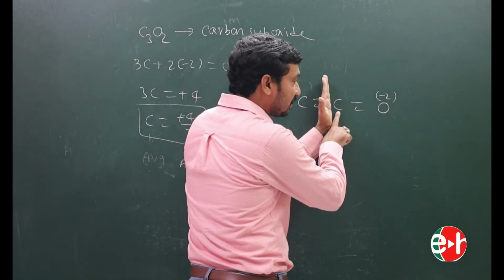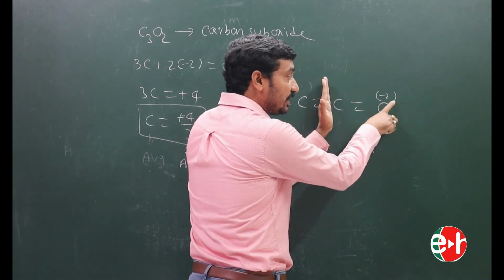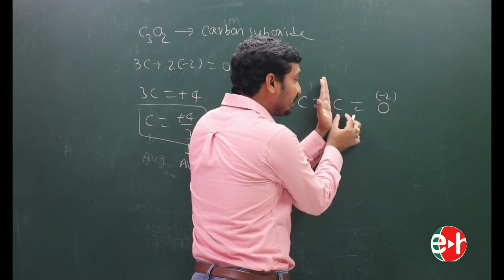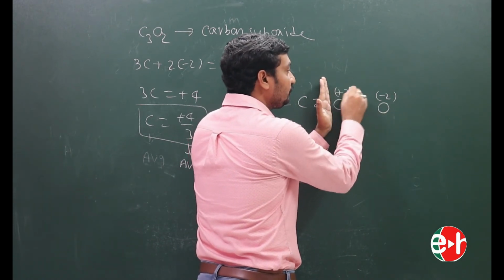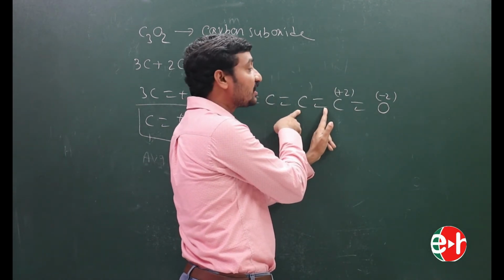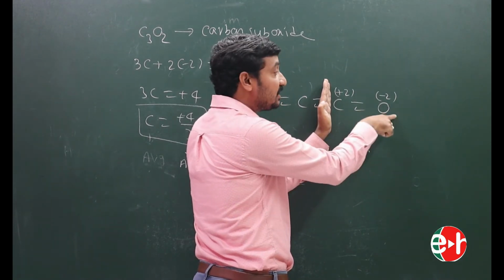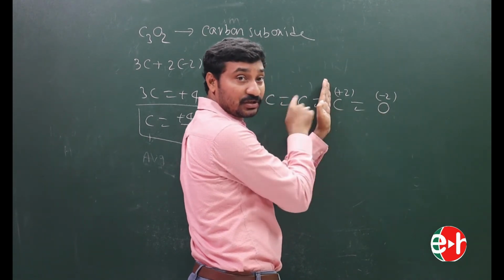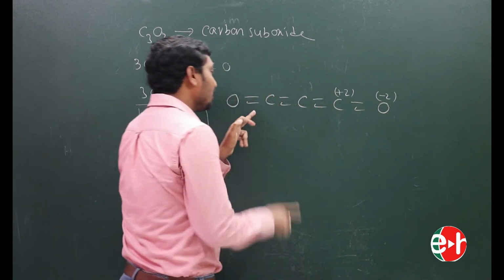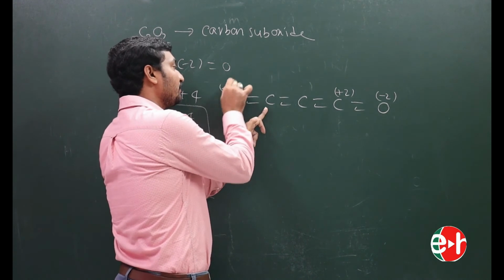Now coming to this carbon connected to oxygen, here -2. So here -2 means this carbon oxidation state is +2, because with this carbon 0, because it is a similar atom. Now this oxygen atom is -2, then this carbon should be the opposite charge, +2. Okay, now coming to this one, carbon connected to oxygen, oxidation state -2.